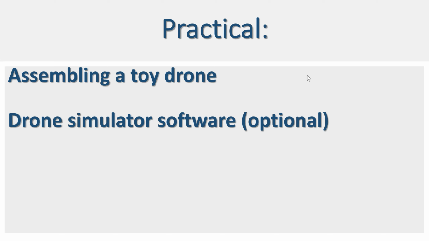Drone simulation software is an option. When you don't have enough money to buy the materials for assembling a drone, you can use simulation software to fly your drone and build the drone.